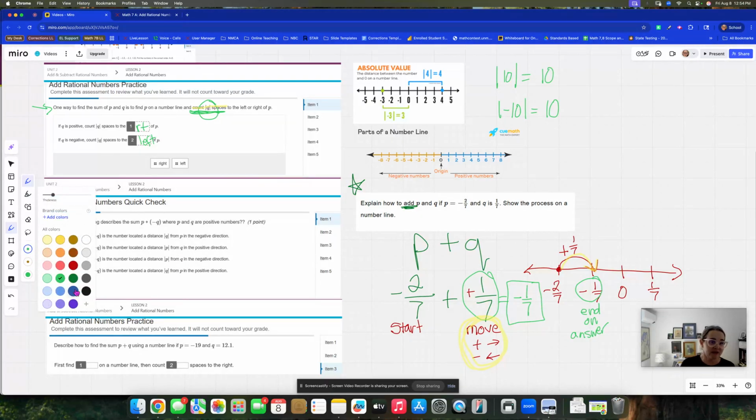Okay, so here's another. This one is from, I think, the quick check. And you can see it's the same question. It's just multiple choice. Which of the following describes the sum of P plus negative Q, where P and Q are positive numbers? Remember, the P is where you start. The absolute value of Q is how far you move.